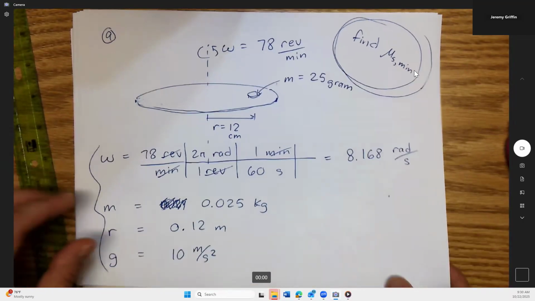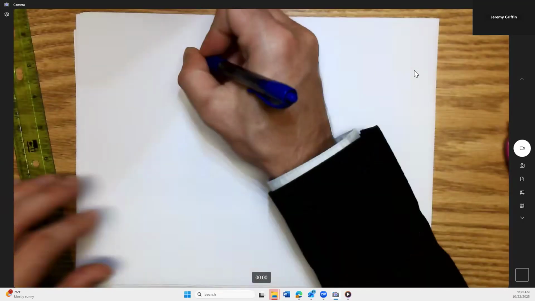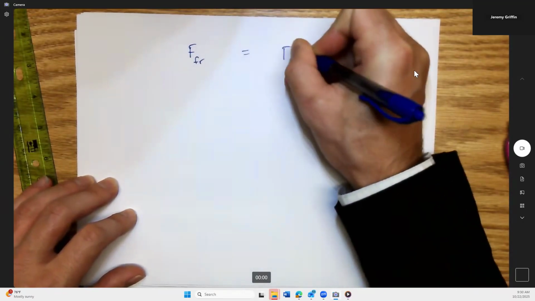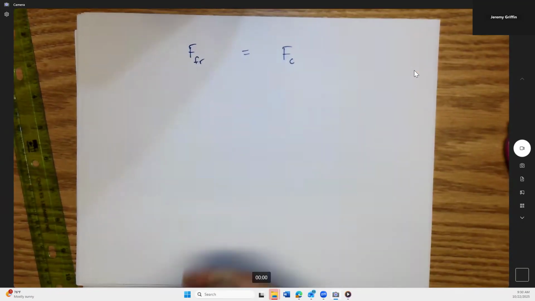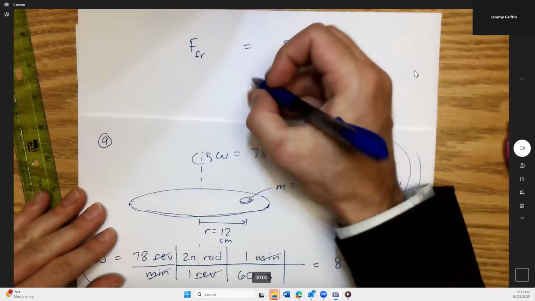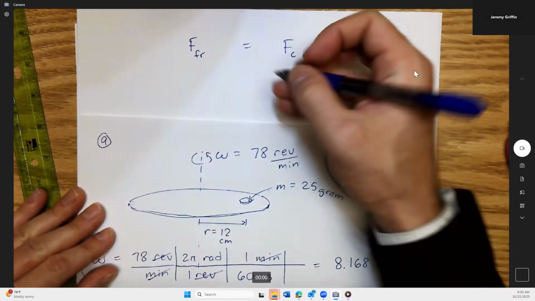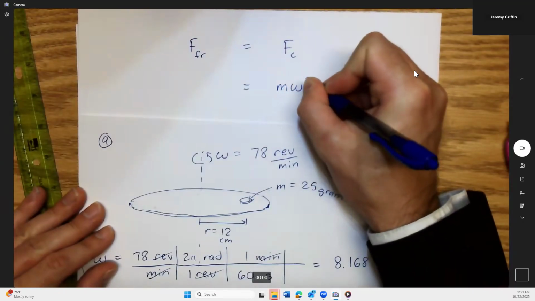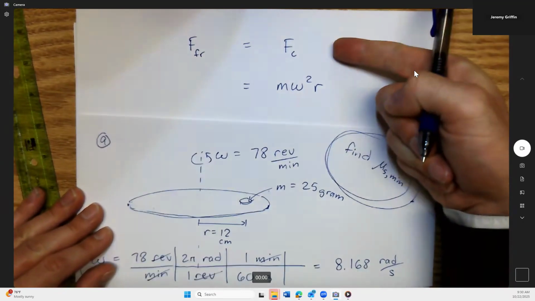I think that the friction force is acting and not the centripetal force, isn't that true? Yeah, you could take the centripetal force. Let's do that. M omega squared times R, right?